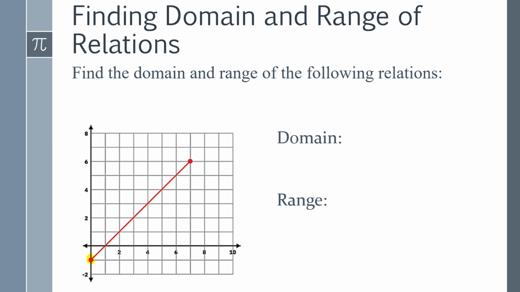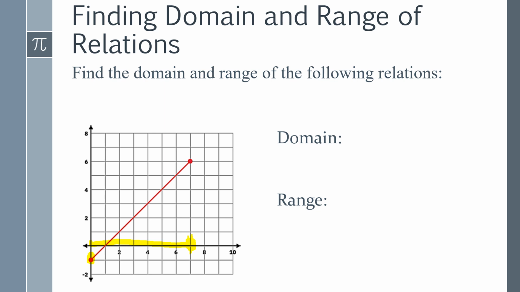So here's our lowest value of x, and our highest value of x is right here, at 7. And we cover every single value in between. So because of that, we're going to have to use an inequality.